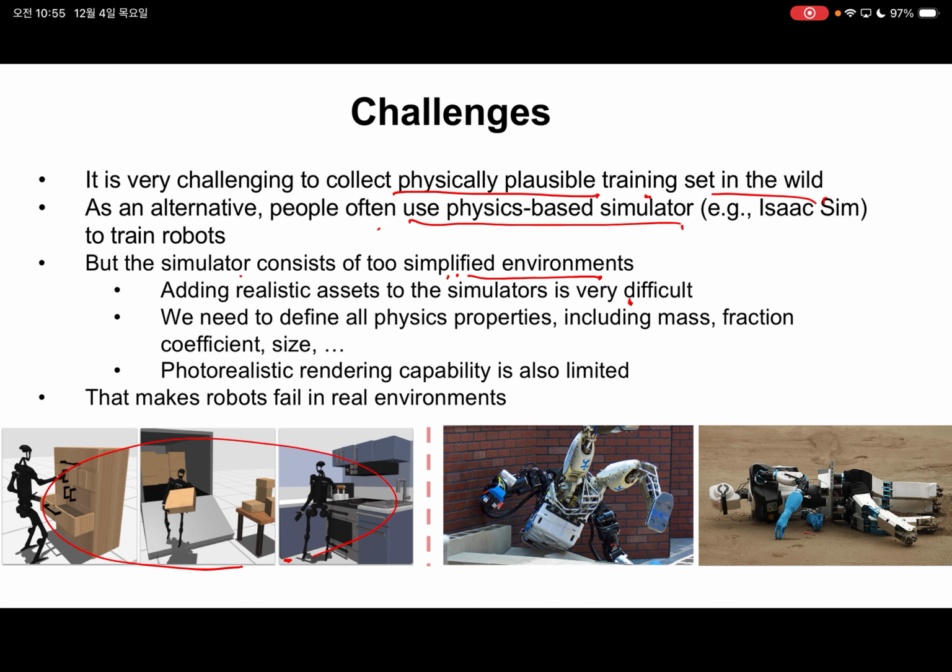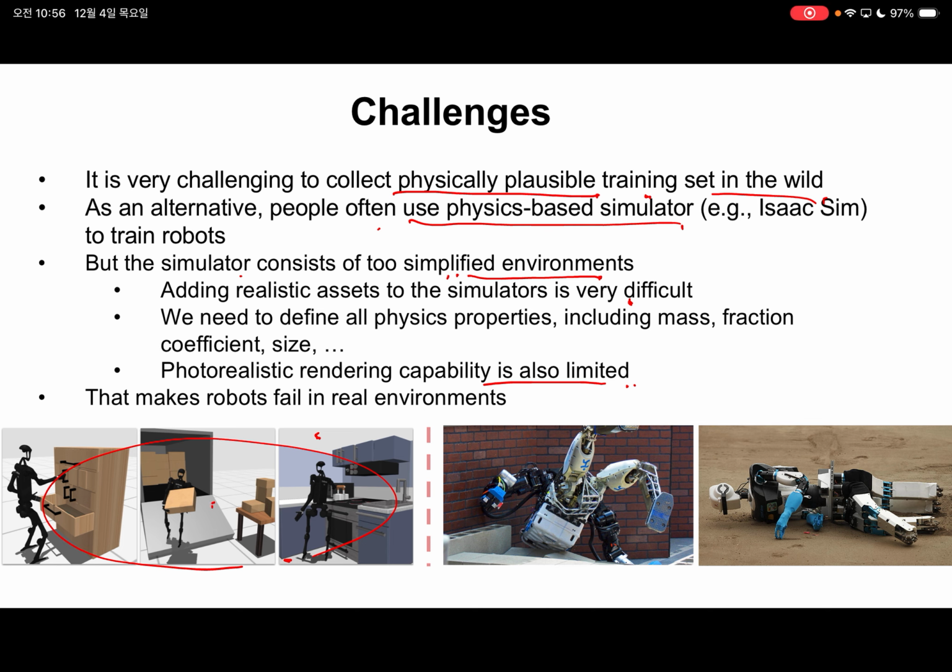And photorealistic rendering capability is also limited. Even Unreal Engine has somewhat lower photorealistic rendering capability. And as you can see, widely used physics-based simulators like Isaac Sim have very limited photorealistic rendering capability, so the images are very far from real images.